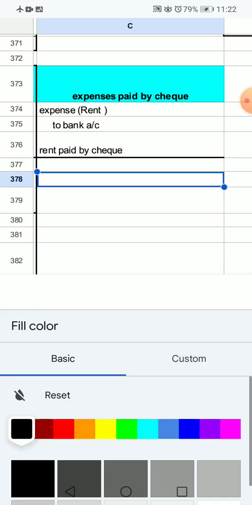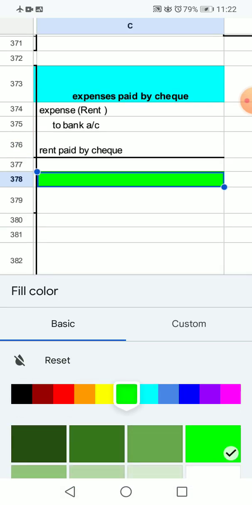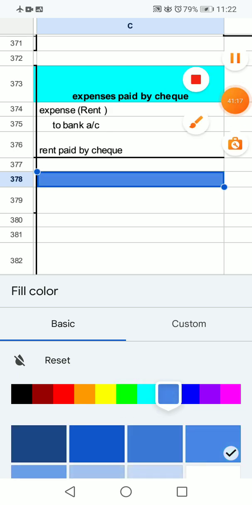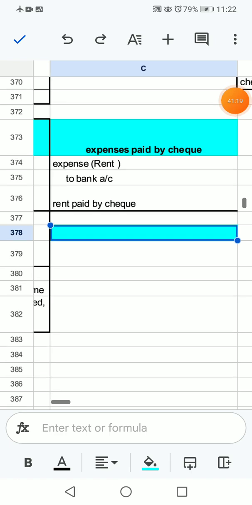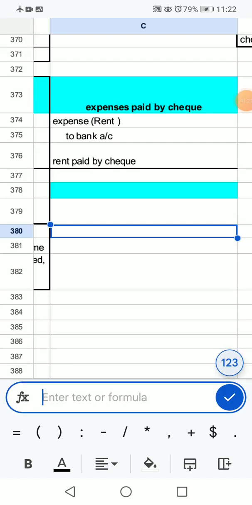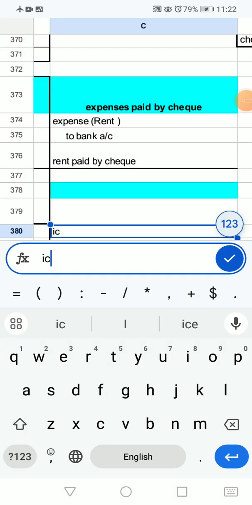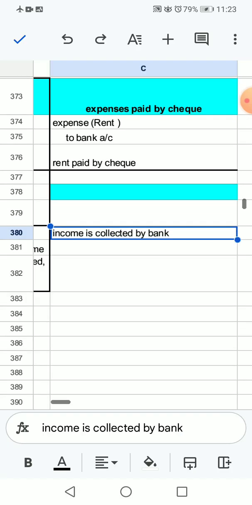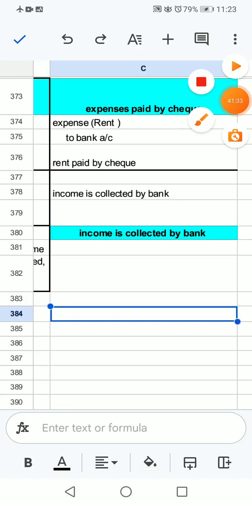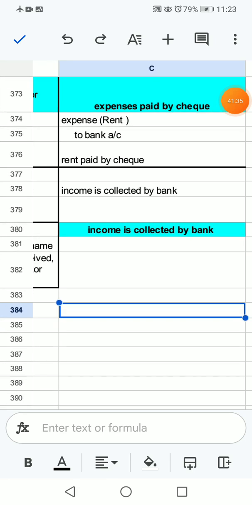If any income you have received through your bank account, income is collected by bank. This is your heading: income is collected by bank.